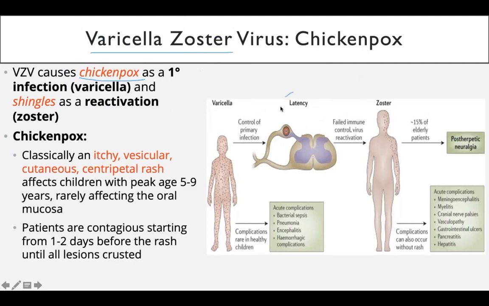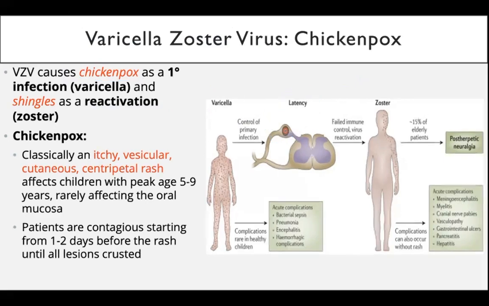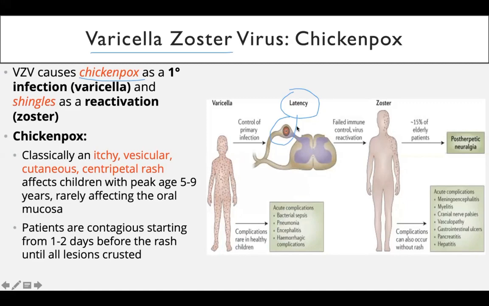Then it sleeps, it gets latent, it gets dormant in the dorsal root ganglion. And then when there is some febrile illness, immunosuppression, or trauma, physical or emotional, it will have opportunity to reactivate, and the reactivation phase is zoster, known as shingles.